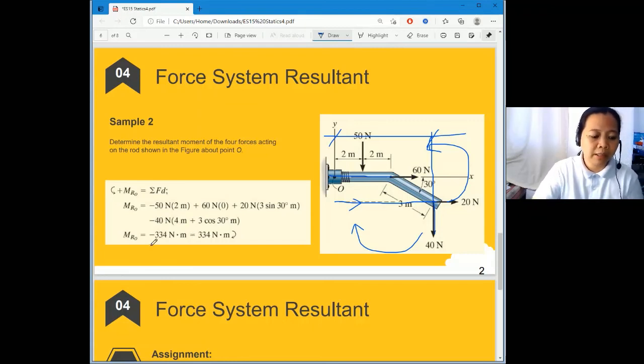So get your calculator please. 50 times 2 plus 0, because 60 times 0 is 0, plus 20 times 3 sine 30, minus 40 times 4 plus 3 cosine 30.